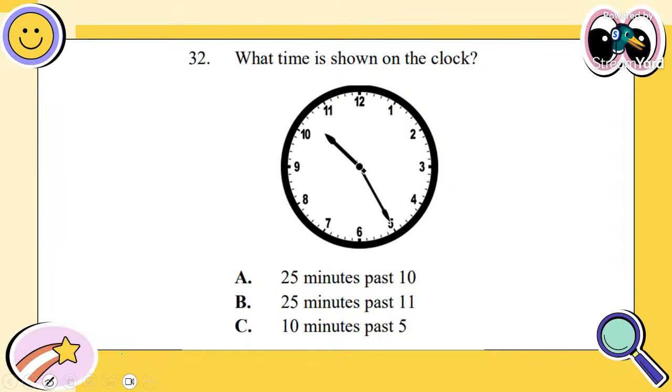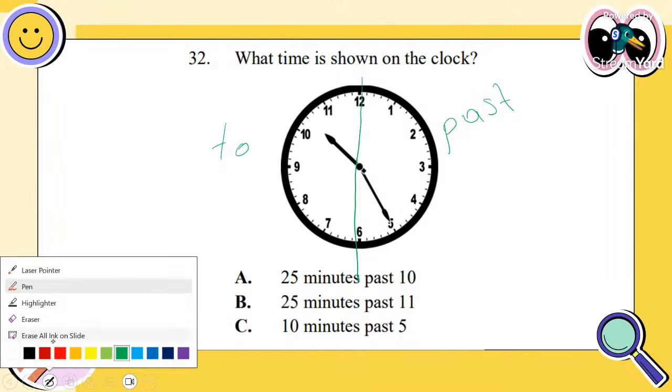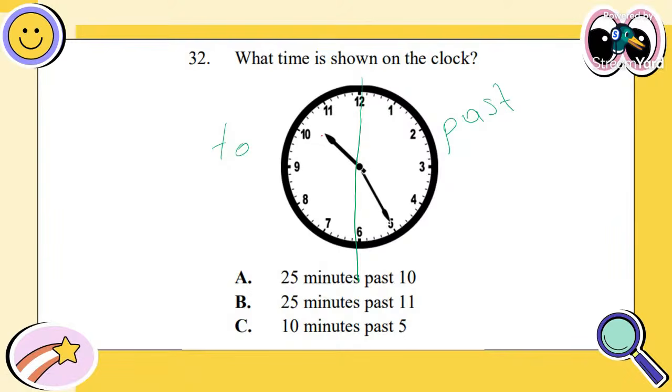All right, now we have 2 halves to the clock, like this. This side, we read it as past. This side, we read it as to. The hour hand is a shorthand. So we look at the numbers that the hour hand falls between, 10 and 11. You look at the minute hand, it's on the past side. So we will look to see which hour it passed.